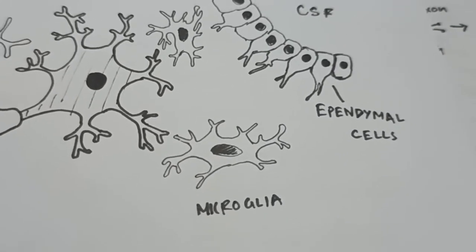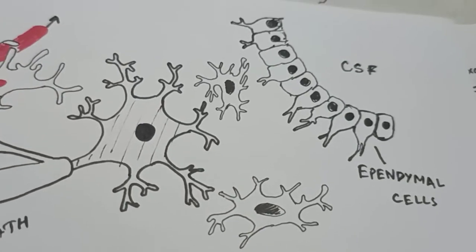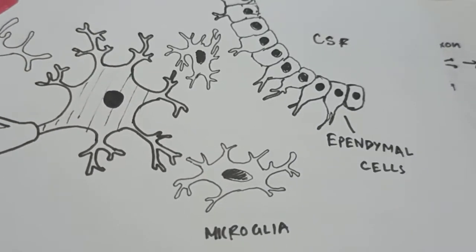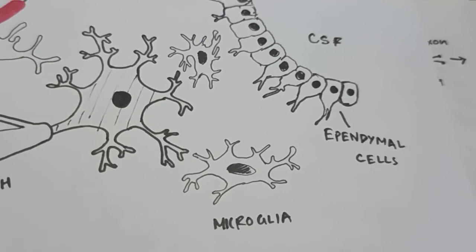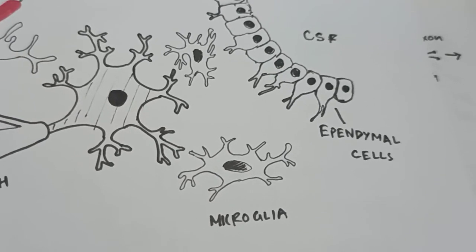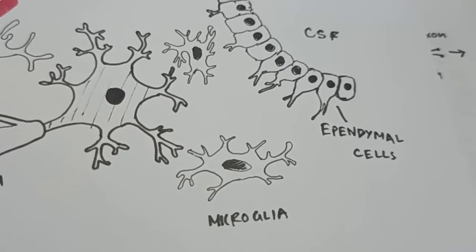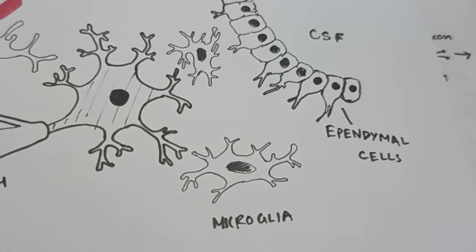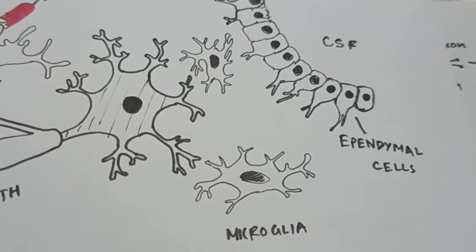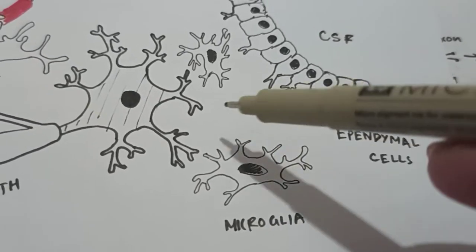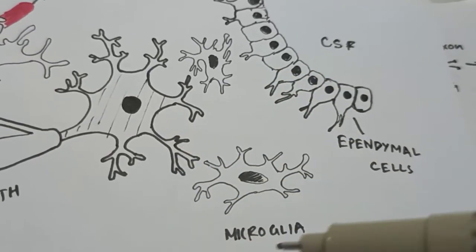So microglia is a cell which is not formed from the neuroectodermal tissue layer. The microglia cells are born from the hematopoietic cells, which are responsible for the production of blood cells. Okay, so microglia have an origin common to that of the blood.